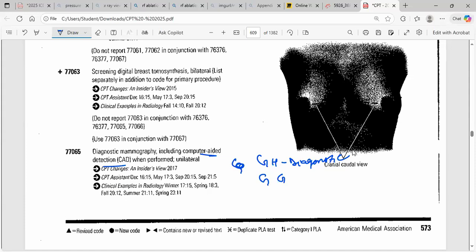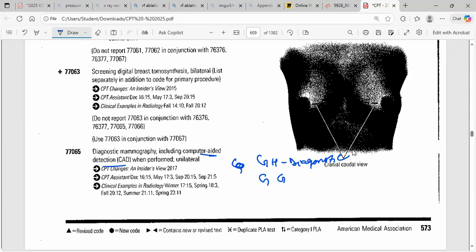Next we have the GG modifier we need to use. Let's say the patient is scheduled for the screening. Screening means till now the patient does not have any illness or any conditions identified yet.